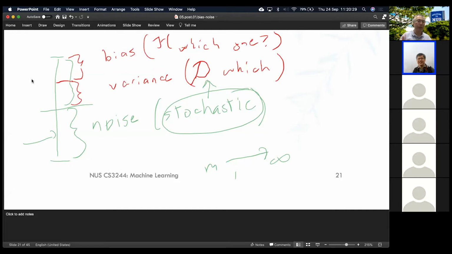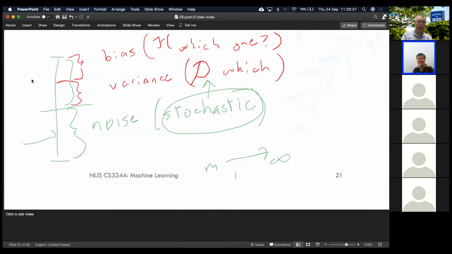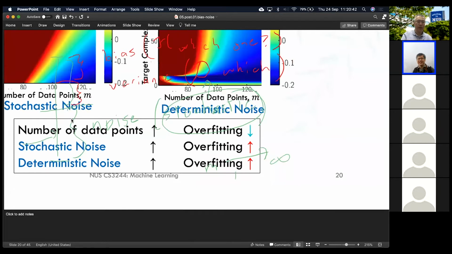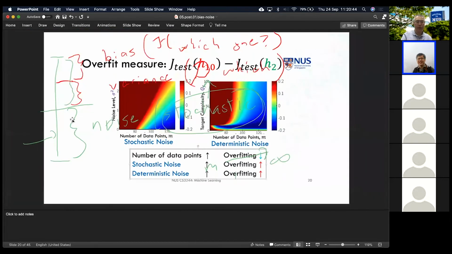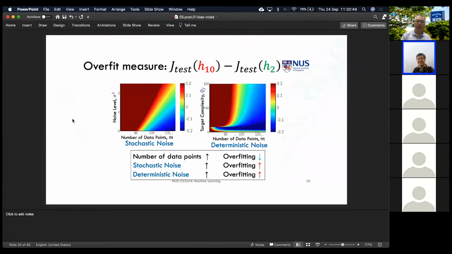But certainly stochastic noise does still have an effect. We saw that on the graph in the slides as well. Let me see whether I can go back to that slide. Let me shrink this a bit, and undecorate my slide here. On the left-hand side, we saw this: when we have stochastic noise going up, with more and more noise, so our sigma squared is going up by unit values here, and we get worse fits.